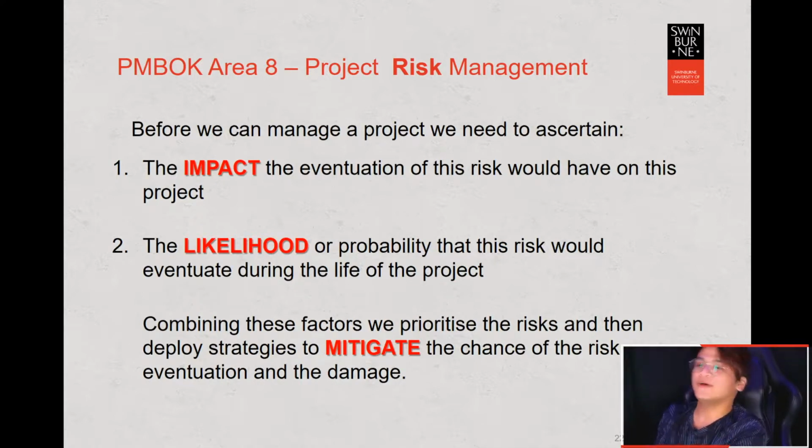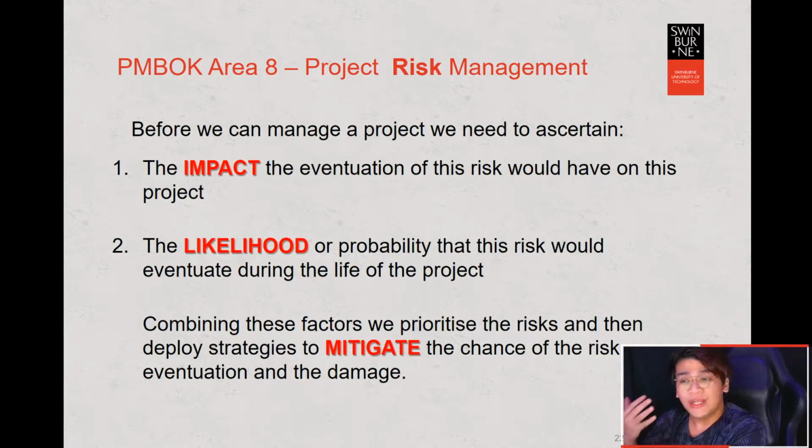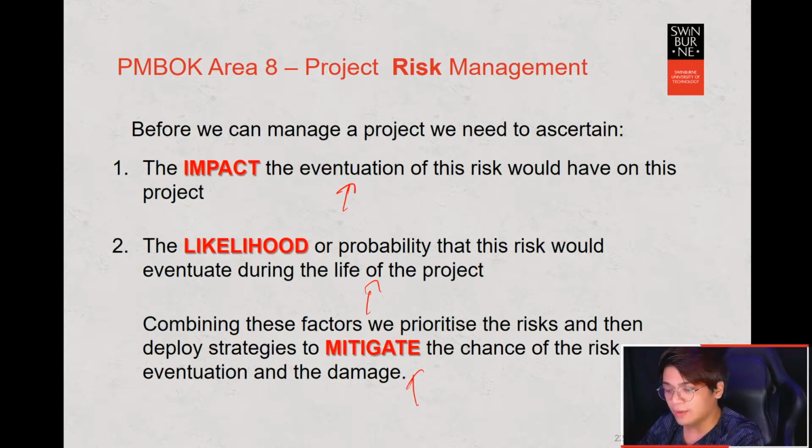Okay, next we have area 8 of project management, which is risk management. Before we can manage a project, we need to ascertain the impact, the evaluation of this risk on the project, the likelihood of the risk happening, and how to mitigate the risk. So basically, how much it will affect the project, how much chance that it will happen, and how to avoid it from happening.